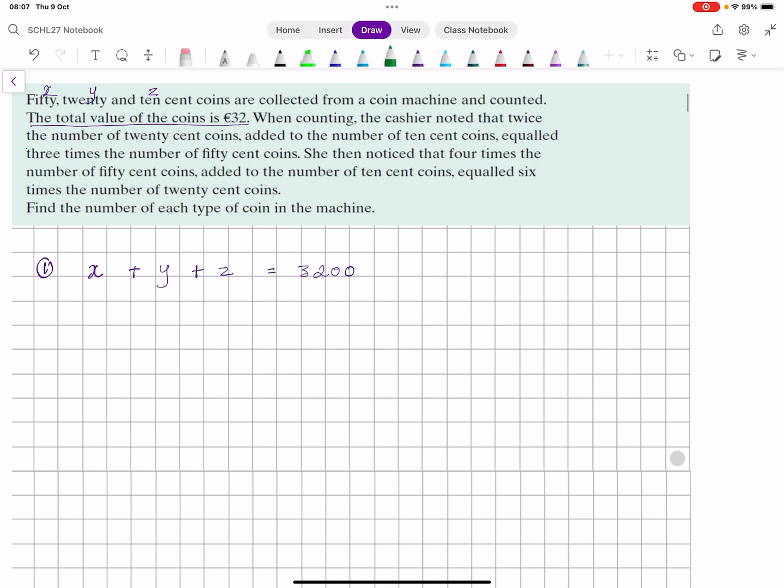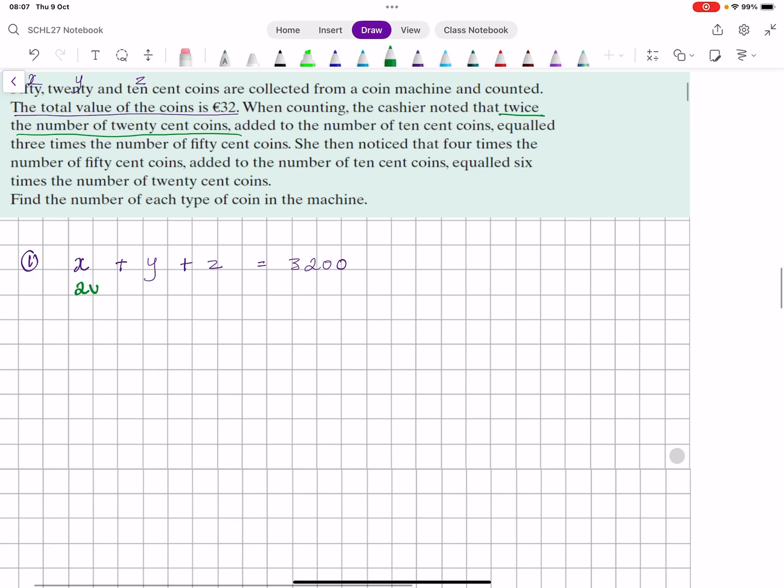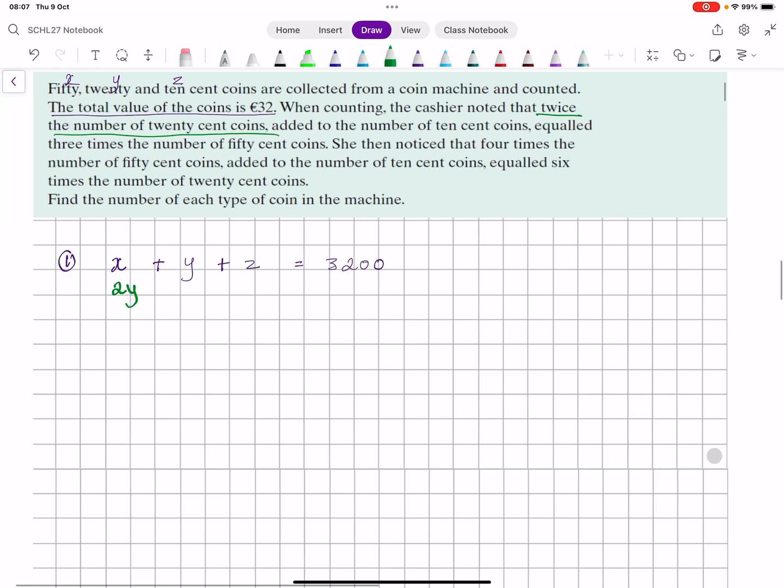When counting, the cashier noticed that twice the number of 20-cent coins, so that's 20-cent coins are Y, that's 2Y, added to the number of 10-cent coins, plus Z, equaled 3 times the number of 50-cent coins.